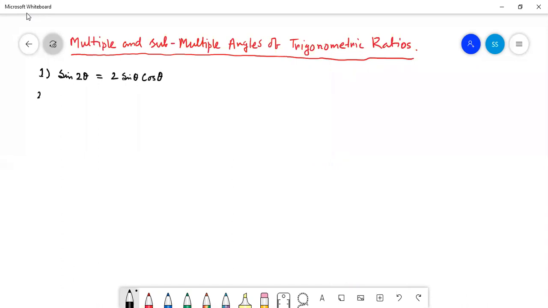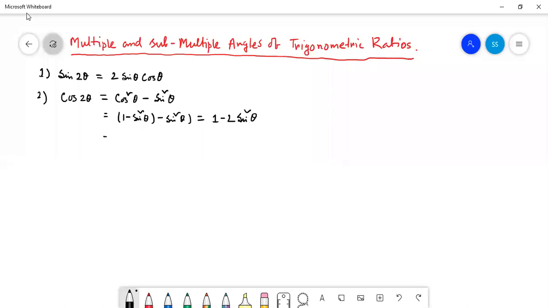Number 2, cos of 2 theta, that is cos square theta minus sine square theta. Now it can be written in another way. Cos square theta can be written as 1 minus sine square theta, then minus sine square theta. So it can be written as 1 minus 2 sine square theta.